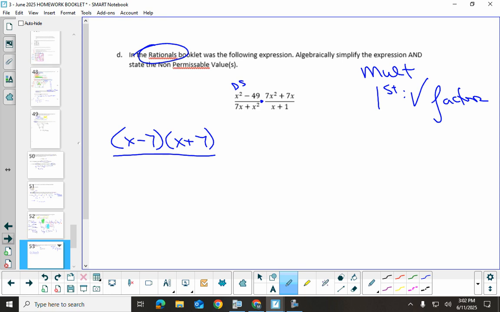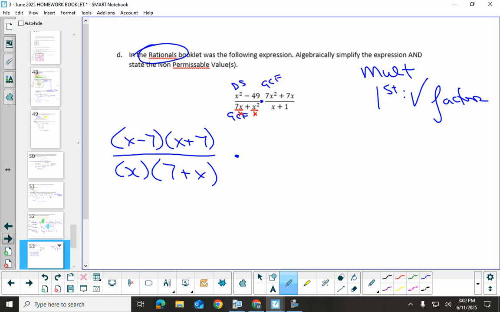7x plus x squared, that is greatest common factor. So they each have an x, so I can take that out. So I'm left with 7 plus x times 7x squared plus 7x.